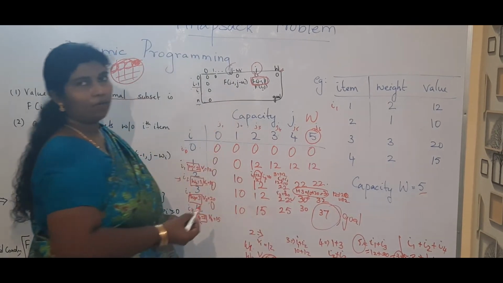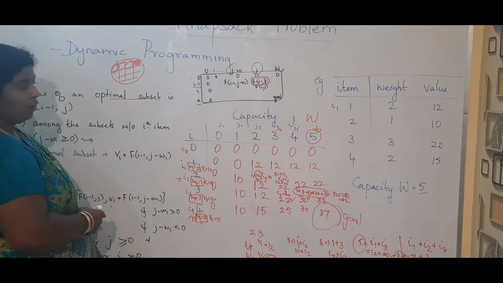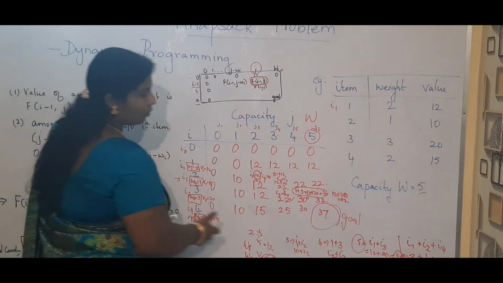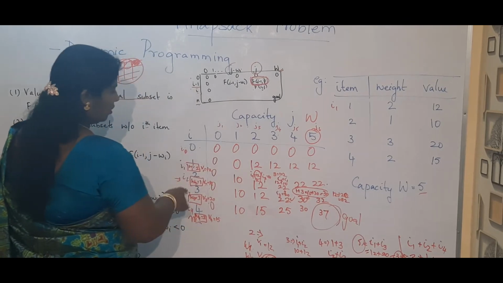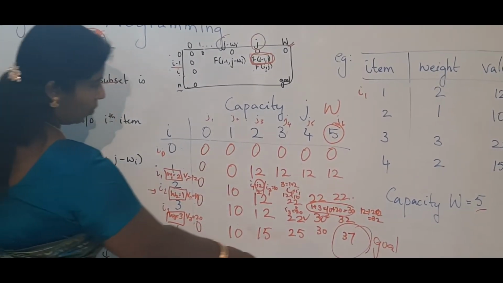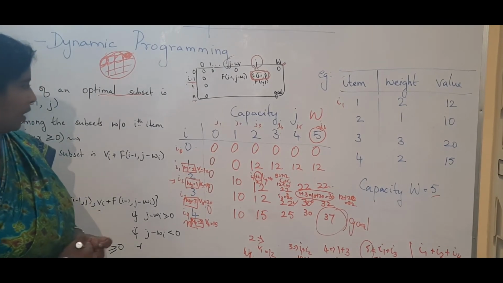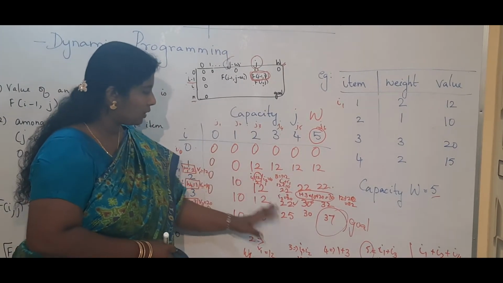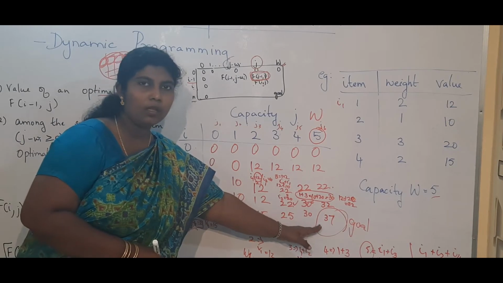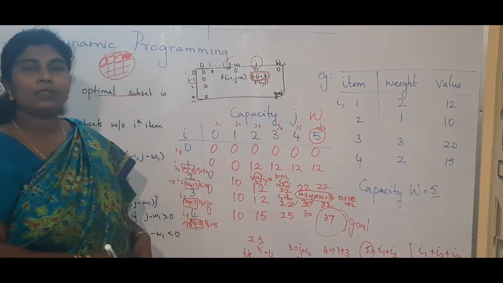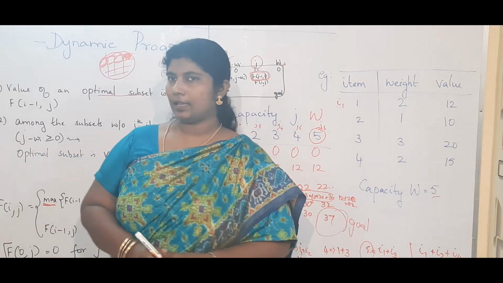So for my 5 capacity, adding the weights 1, 2 and 4, I get a solution as 37. When we look into this box, that value is going to be the maximum, so that is the optimal solution.